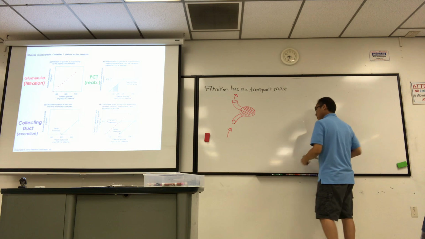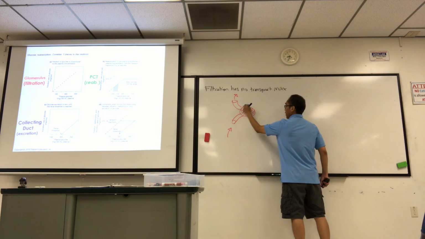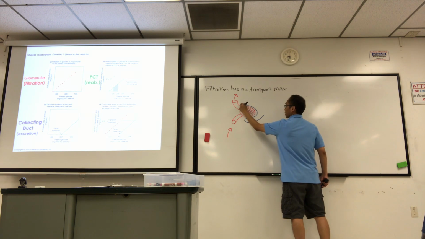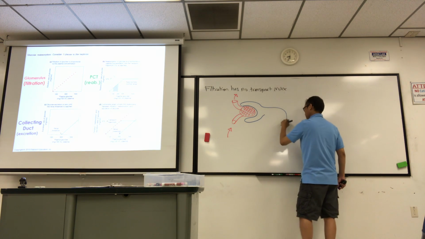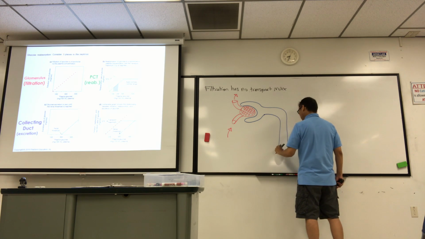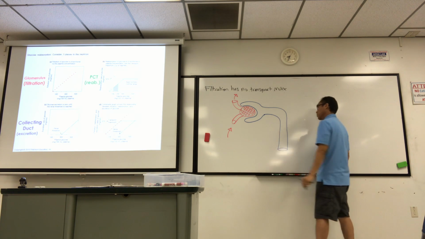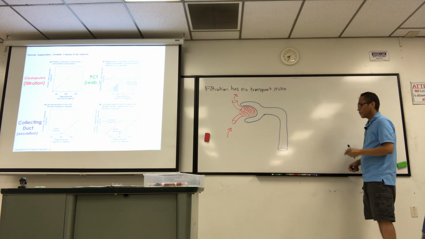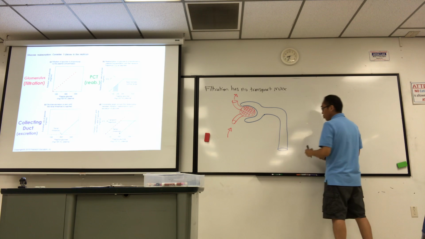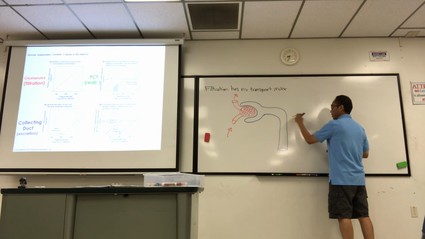And here's my Bowman's capsule. It's going to catch everything. And let's simplify the nephron to this simple straight tube here. And the idea of reabsorption is that you're going to reabsorb into a peritubular capillary that's in the vicinity.